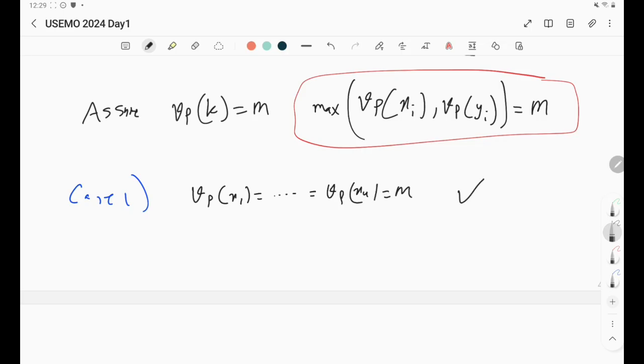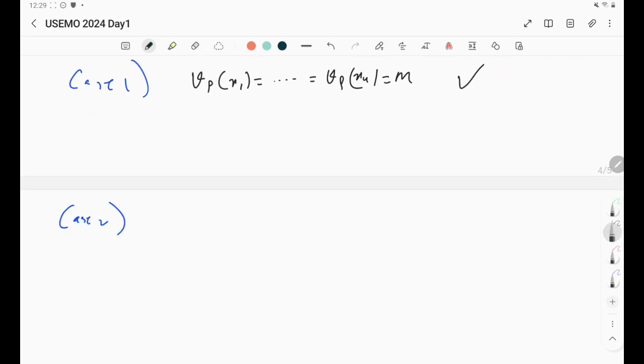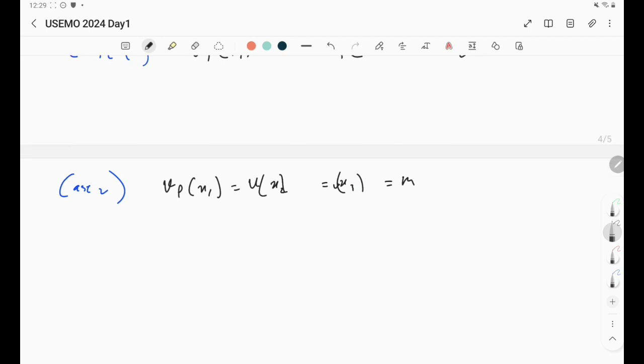This one is really easy. Now case 2, if only three of them, let's say without loss of generality that x1, x2 and x3 are all m. Same thing here. But the fourth is maybe not.